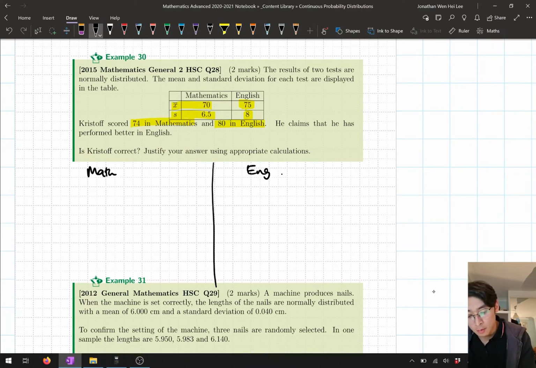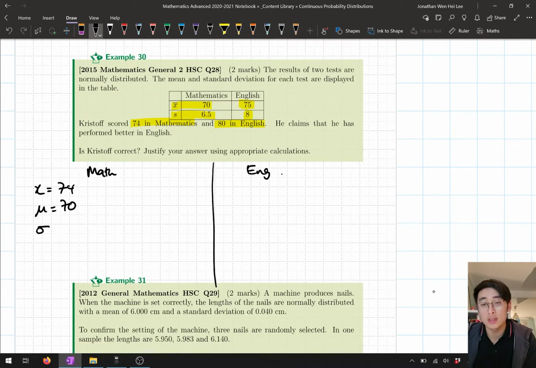So here, in mathematics, he got a score of 74. The mean, so I'm going to use our notation that we've been using so far, mu is equal to 70 according to this table. That's our average or our mean for our math exam. And the standard deviation, so sigma, is equal to 6.5. Now I'm just going to figure out how many standard deviations he is either above or below our mean.